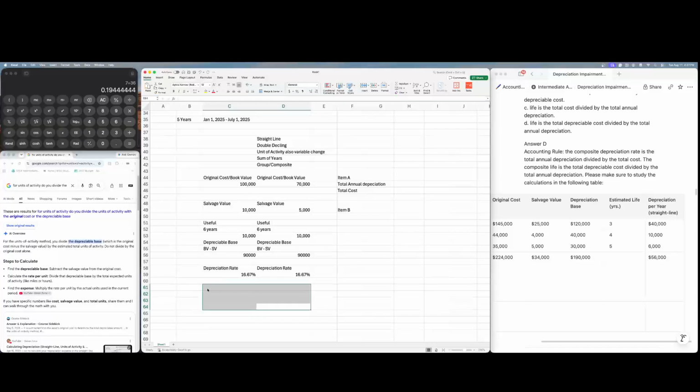You would have to use straight line. So for this, the depreciable base would be 65,000. Using the straight line method, let's say 6 years, or let's say 4 years. So 4 years is 25%.